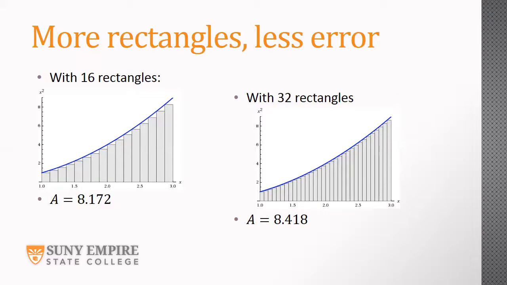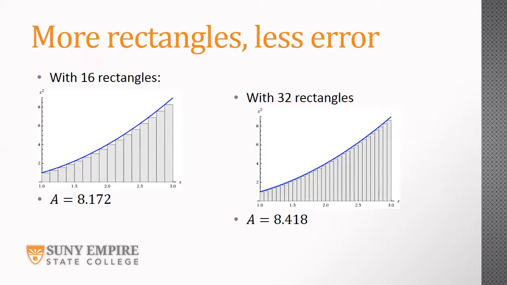The larger the number of rectangles used, the smaller the error in calculating the total area. If we used 16 rectangles, we find an approximation of 8.172. With 32 rectangles, our approximation becomes 8.418. The exactness of our approximation is limited only by the work involved in finding the function values.